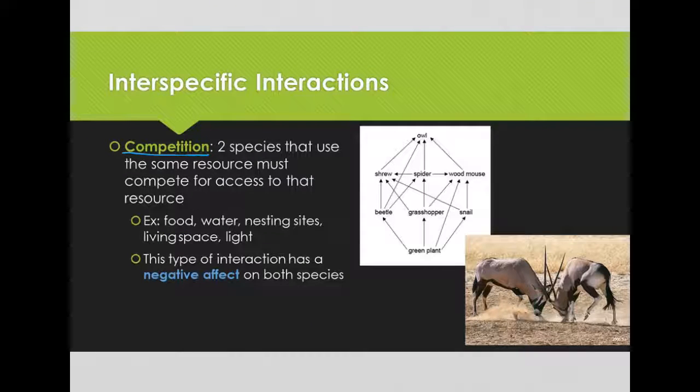Competition is where two species that use the same resource have to compete for access to that resource. So this competition might be over food, water, nesting sites, living space, or light when it comes to plants. This type of interaction has a negative effect on both species.